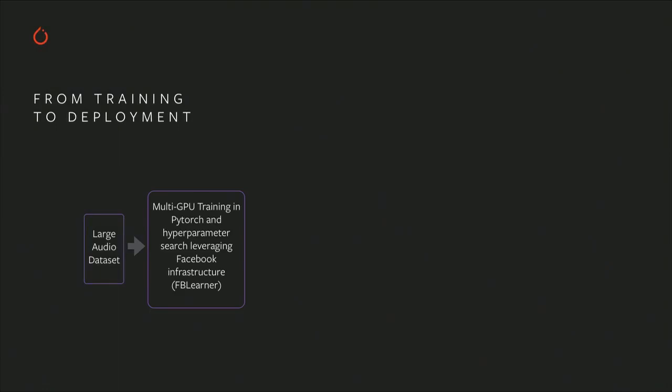In this slide, we're going to provide an overview of how we train our model for both lip sync and laughter detection and how we deploy it into product. First, we start off with a large audio dataset of hundreds of hours. Next, we make use of PyTorch's data parallel module to scale the training across multiple GPUs, running on remote Facebook GPU server clusters.